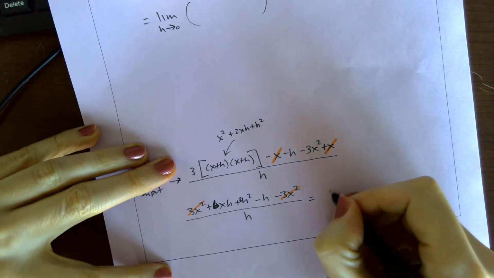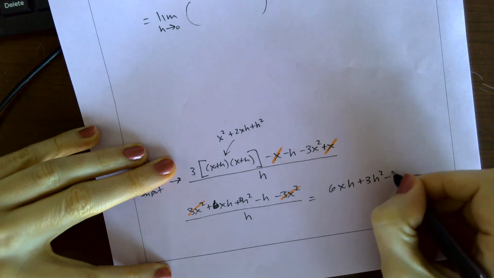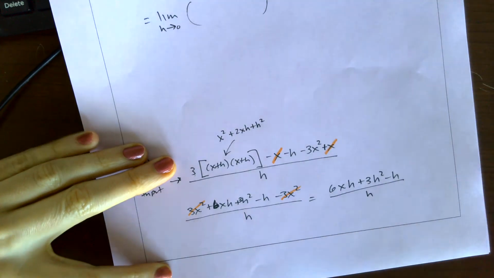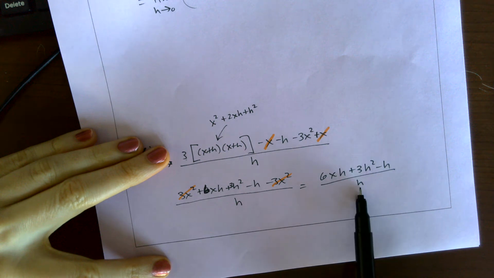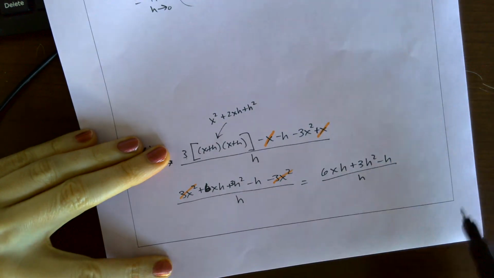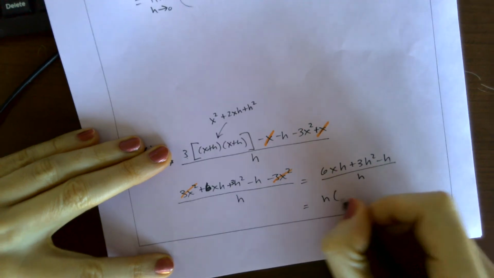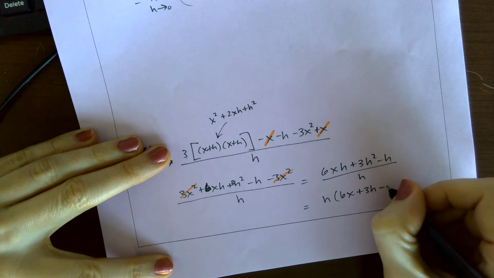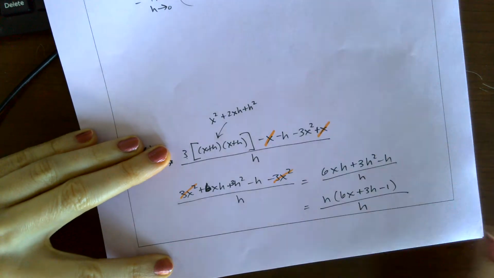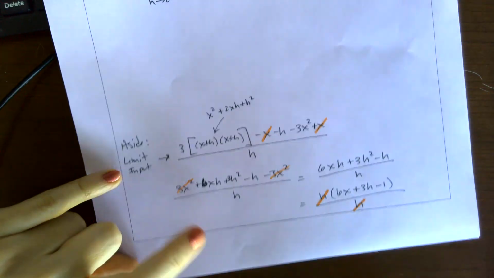And then we end up with 6xh plus 3h squared minus h all over h. Now we have 3 terms, and they all have a factor of h. So now you can factor out an h: 6x plus 3h minus 1. And now this h cancels.